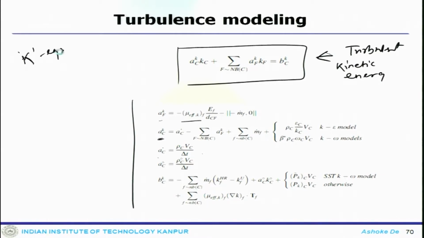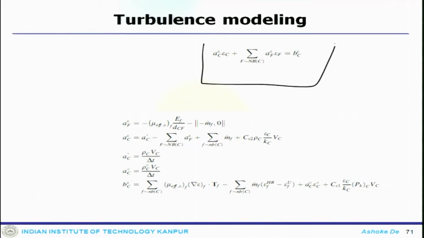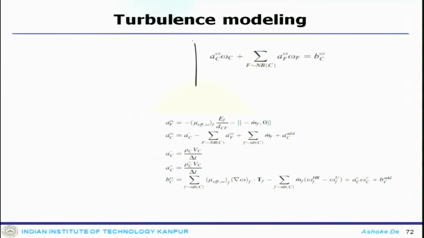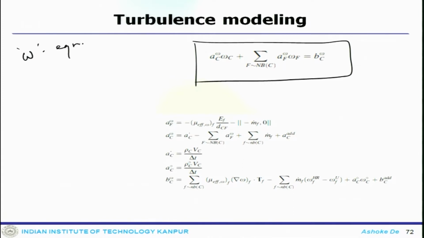Similarly, one will get an equation for epsilon. This is the epsilon equation, and accordingly your coefficients will be modified as per the epsilon equation. This is your AF, AC, previous time step, and B source term. One can think about the omega equation too. So, all these equations will appear there.